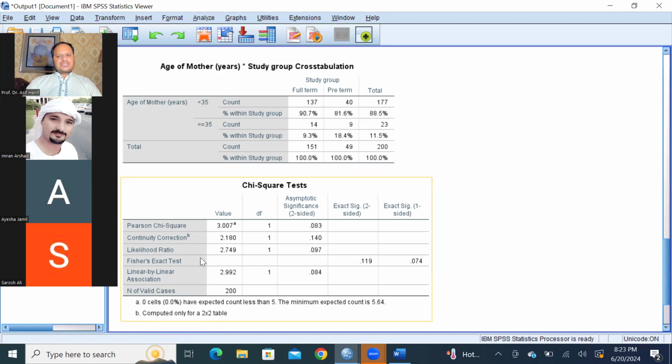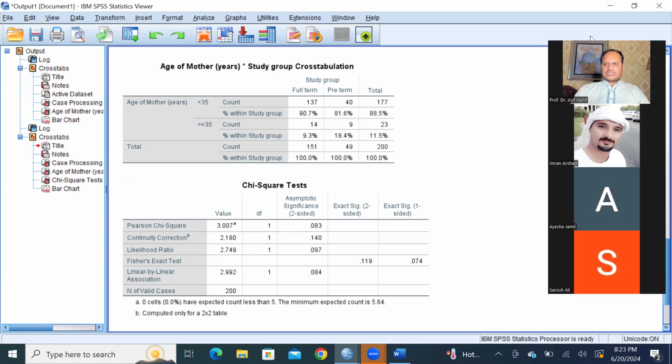Now, you just need to see what these two-sided and one-sided tests are. This is two-sided, because I have already generated my hypothesis that there is no association, there is association. And when I say that there is no association, it means it is two-sided. And usually for the chi-square test, for an association test, we claim that there is no association and there is association.